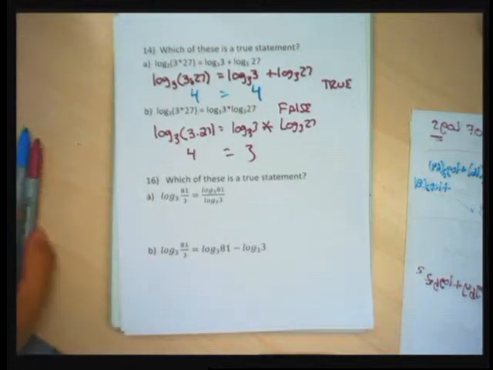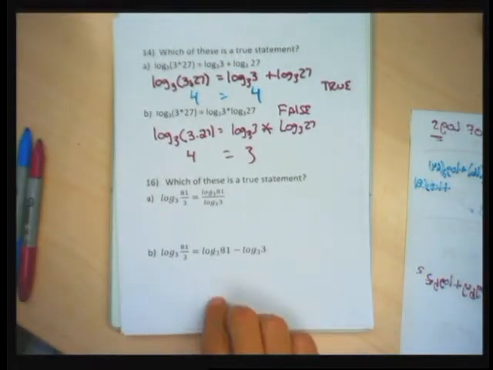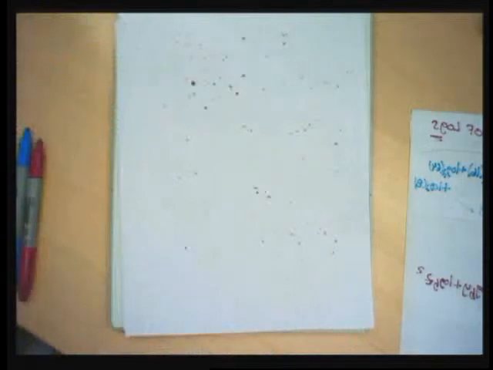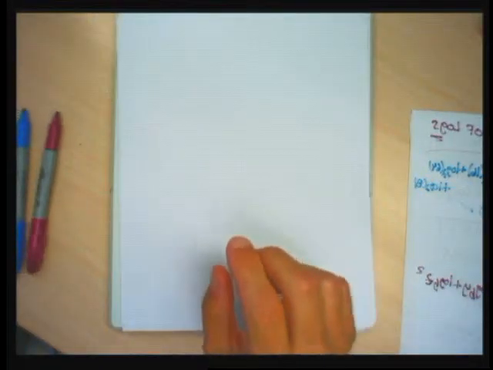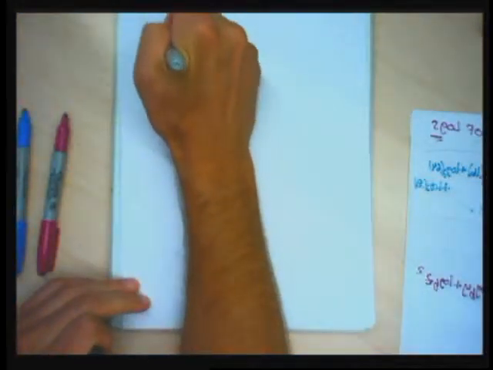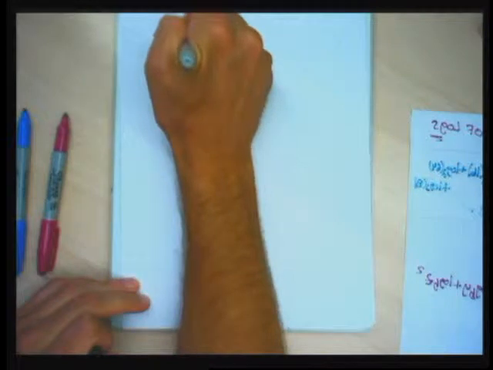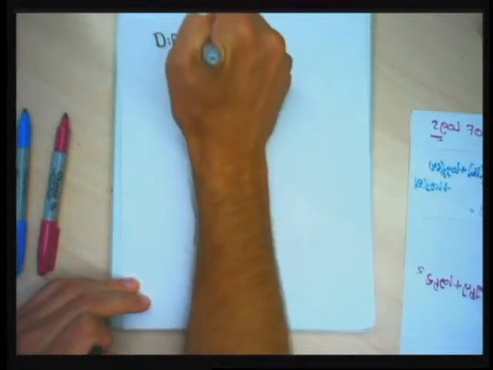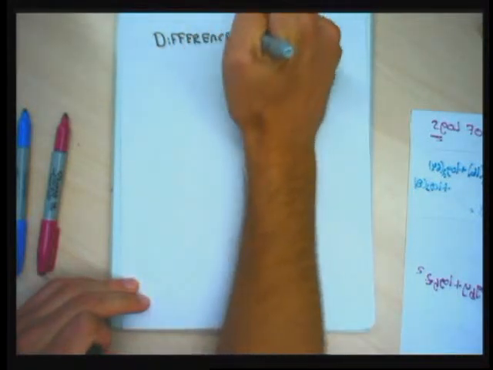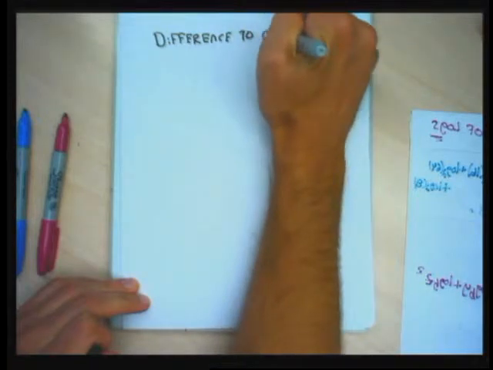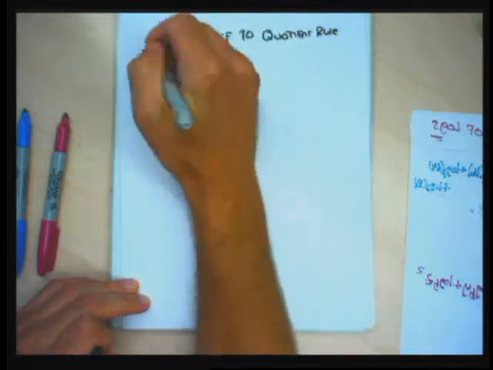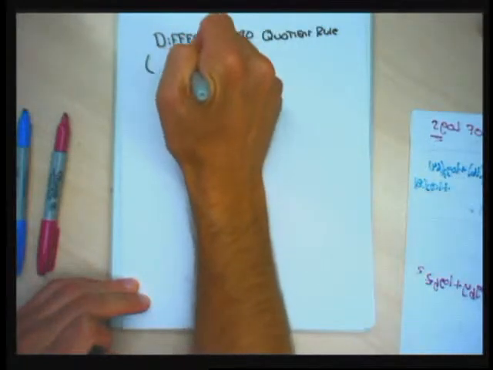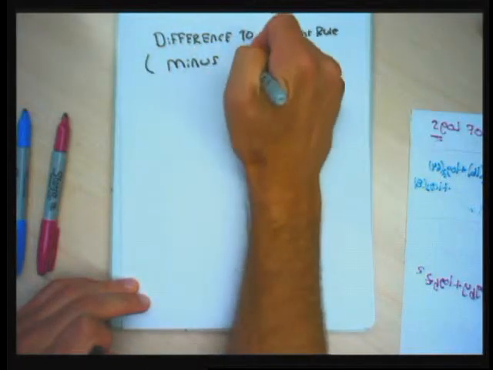Problem 16 uses a different rule, and that's the rule I need to talk about next. So I'll come back and do 16 in a bit, but first I need to introduce the next rule. And I'm going to call the next rule the difference to quotient rule. And if you don't like the big math words, difference is the same as minus or subtract.